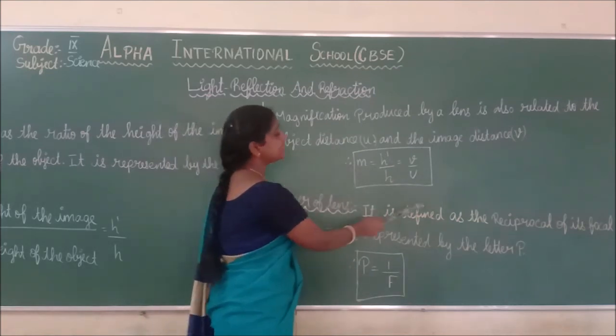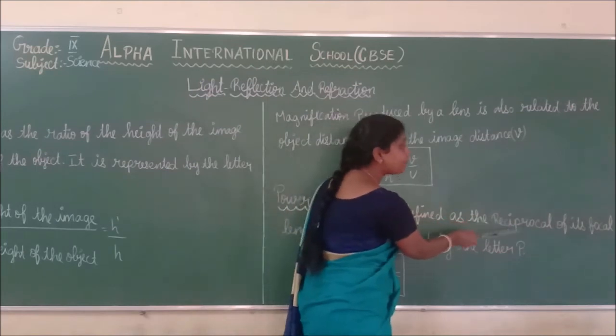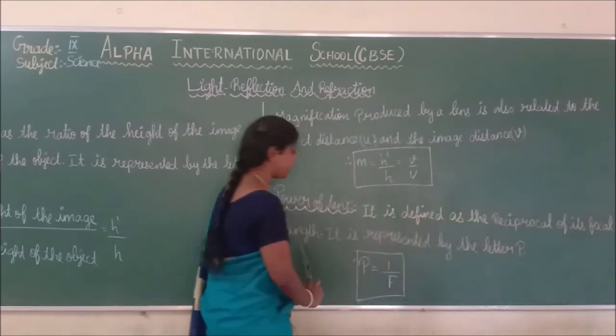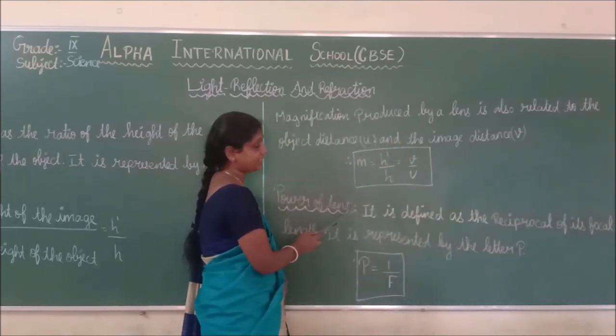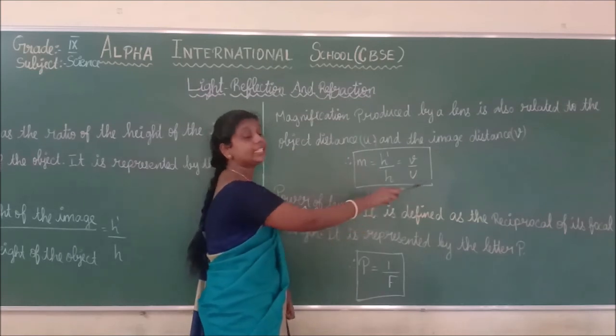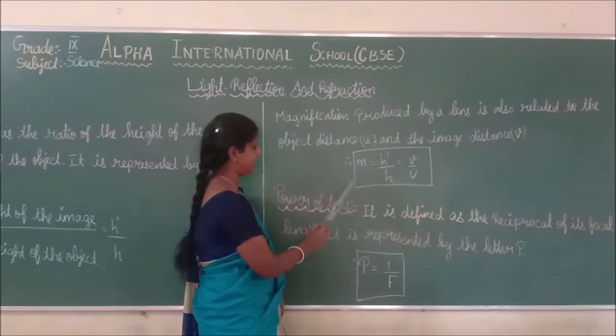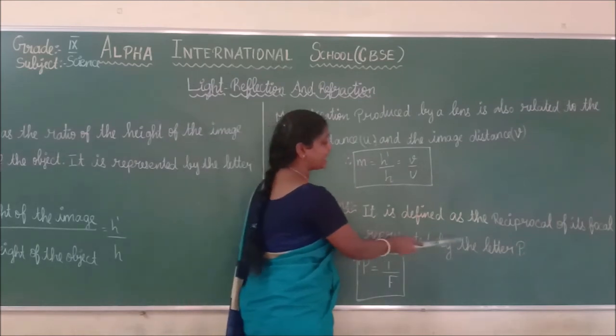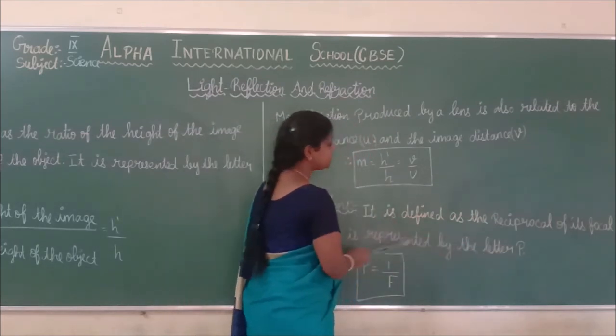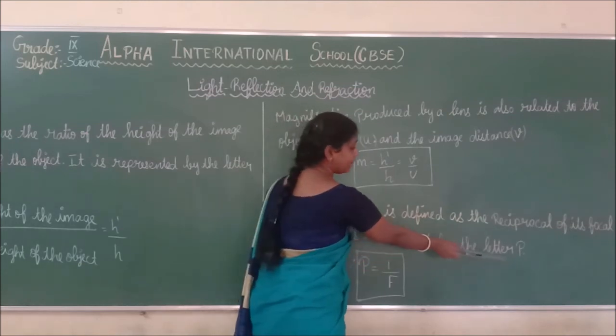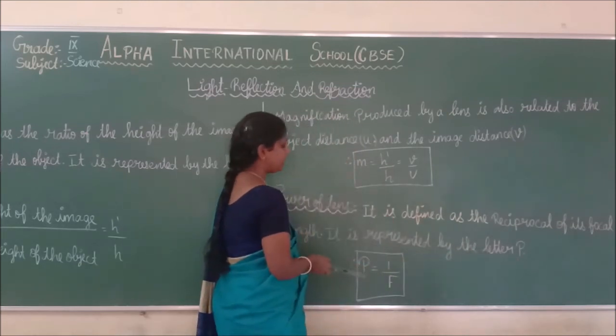What is power of lens? It is defined as the reciprocal of its focal length. We call it the power of lens, and it is represented by the capital letter P. Therefore, capital P is equal to 1 by f.